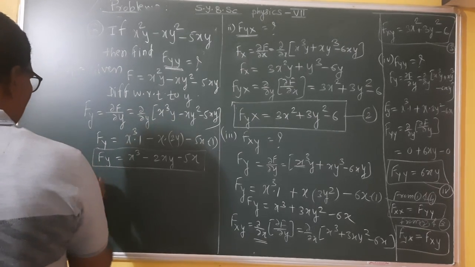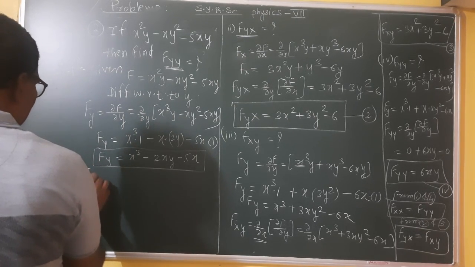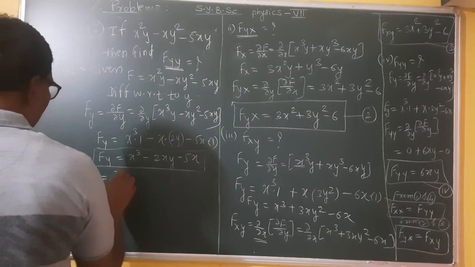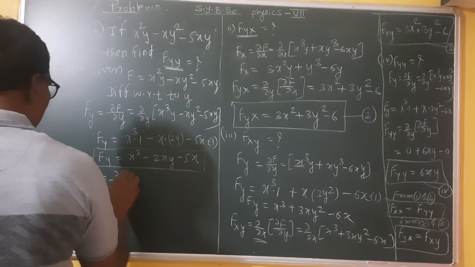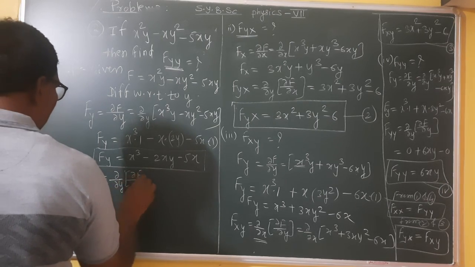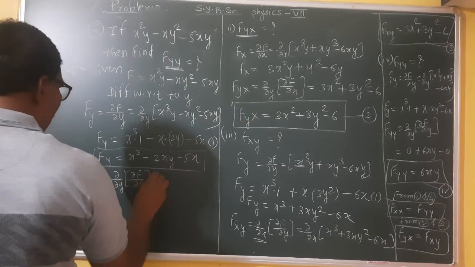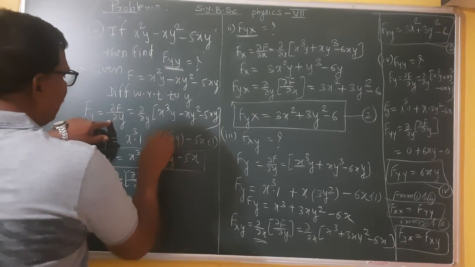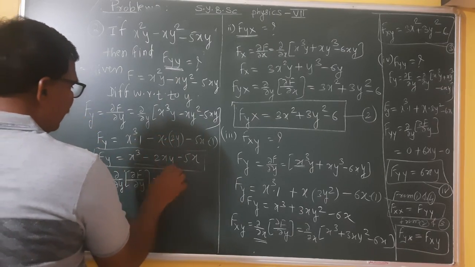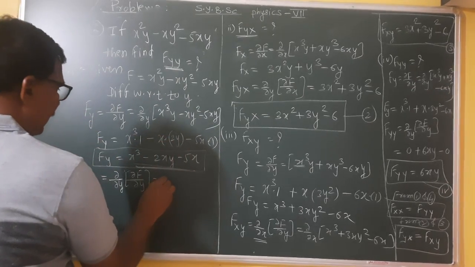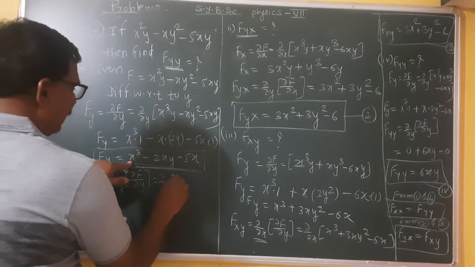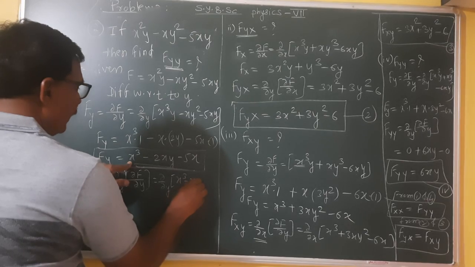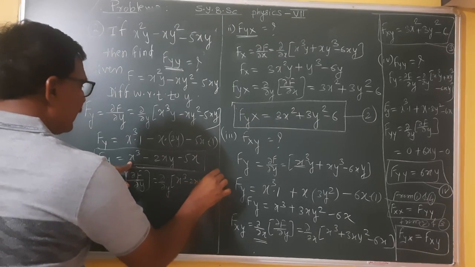Now we have to find fyy, that is ∂/∂y of ∂f/∂y. This is the function for ∂f/∂y, so we write ∂/∂y of (x² − 2xy − 5x).